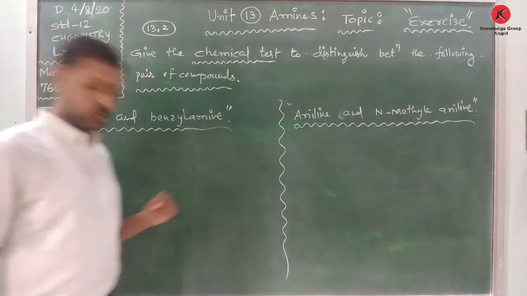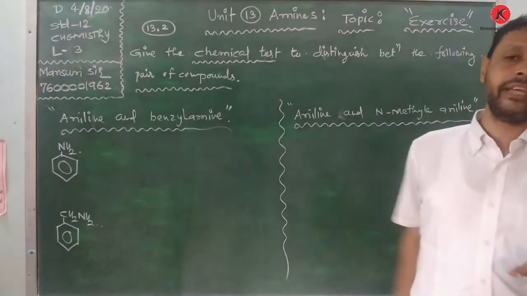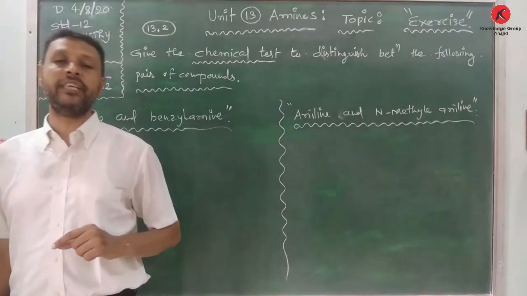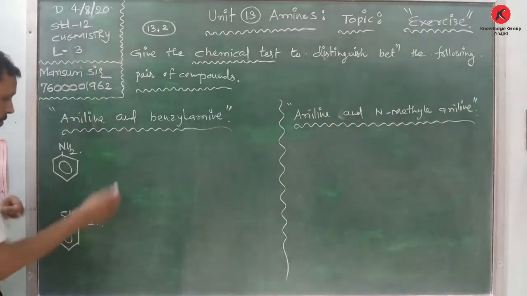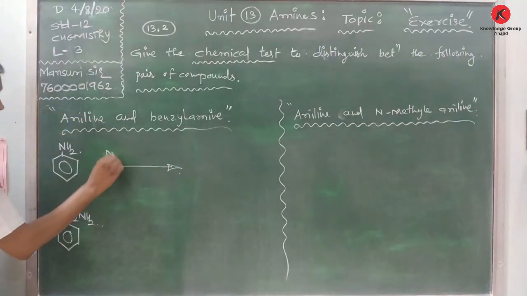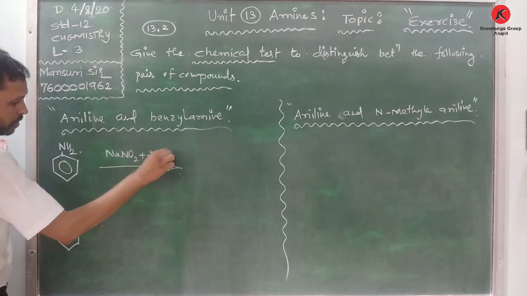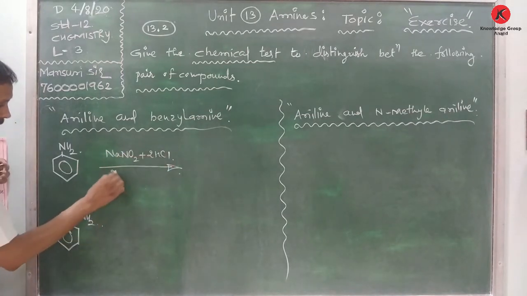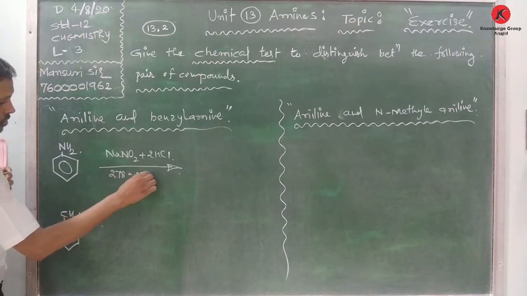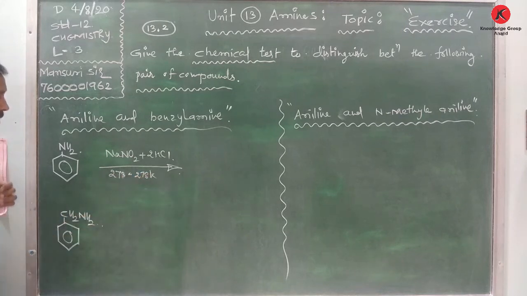How can we distinguish? When any primary amine reacts with NaNO2 plus HCl, that means diazotization occurs, NaNO2 plus 2HCl at 273 to 278 Kelvin temperature.